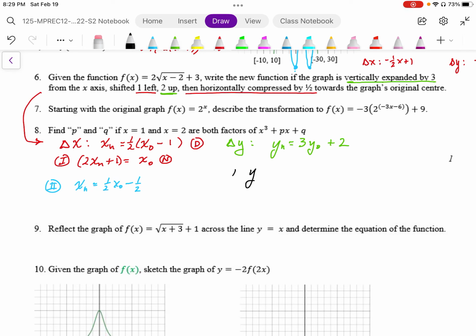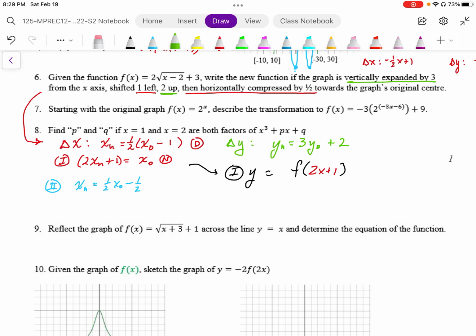Y equals, this one's going to come from here, f bracket, and then we're just going to plug in the notation that we figured out algebraically, 2x plus 1, and that's it. That's our solution, because we undid the actual transformation.